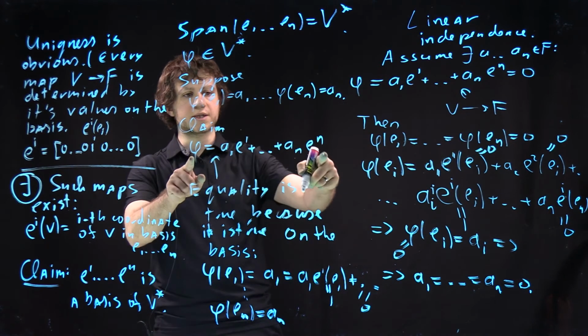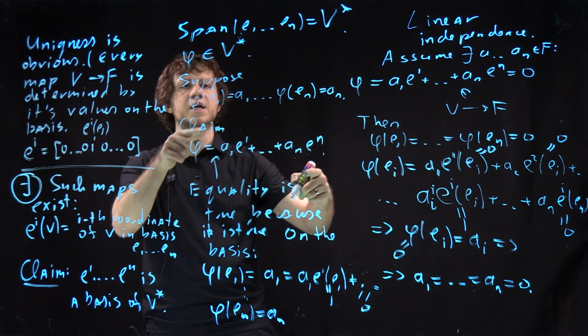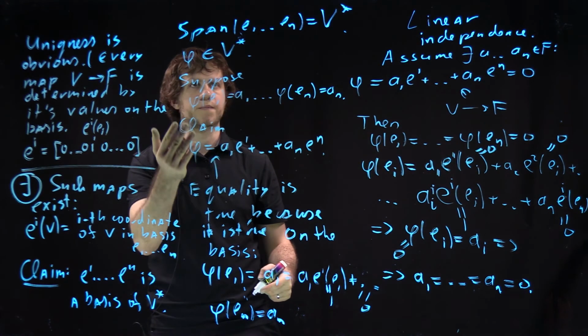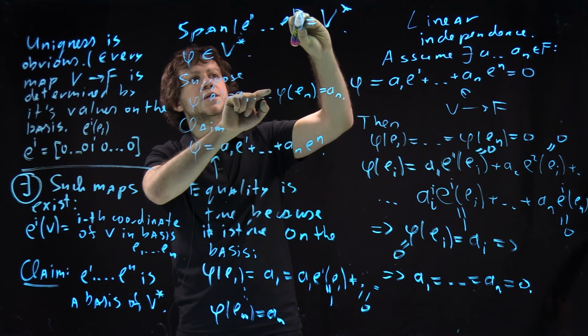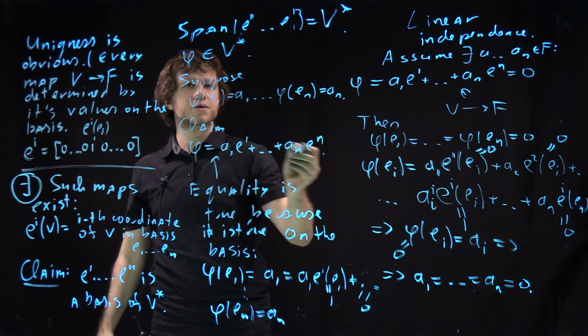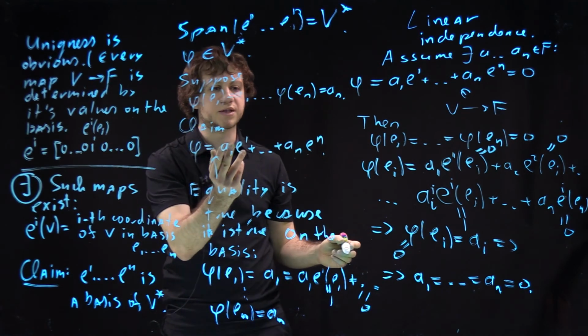And so you know that this statement is true, and so you know that these guys generate, span of e^1 up to e^n is V star. And then you see that every linear map can be presented in this way.